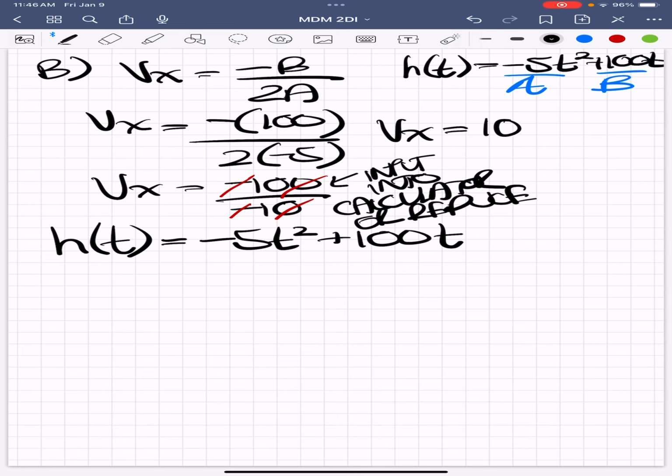Okay, so we have the x coordinate of the vertex, which is 10. So t equals 10 seconds.